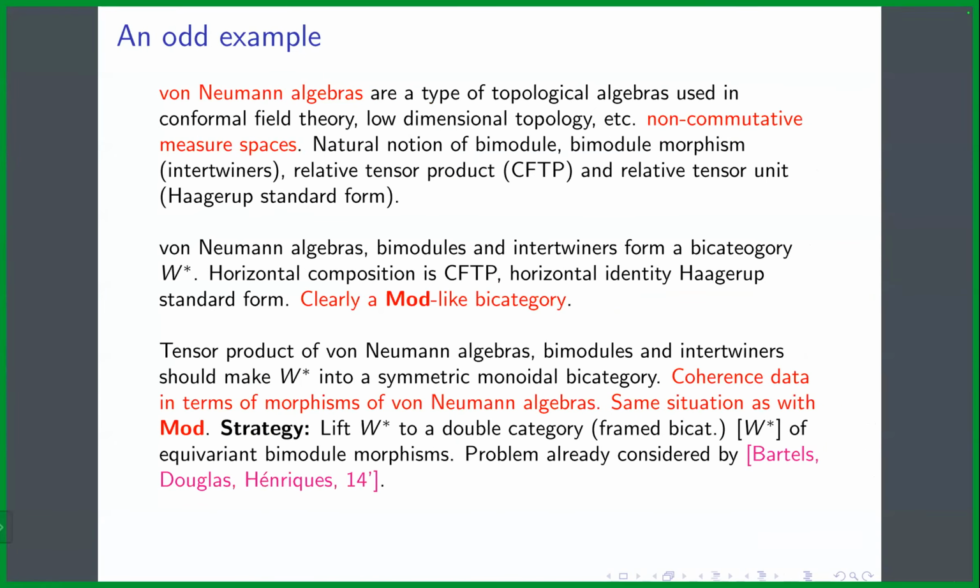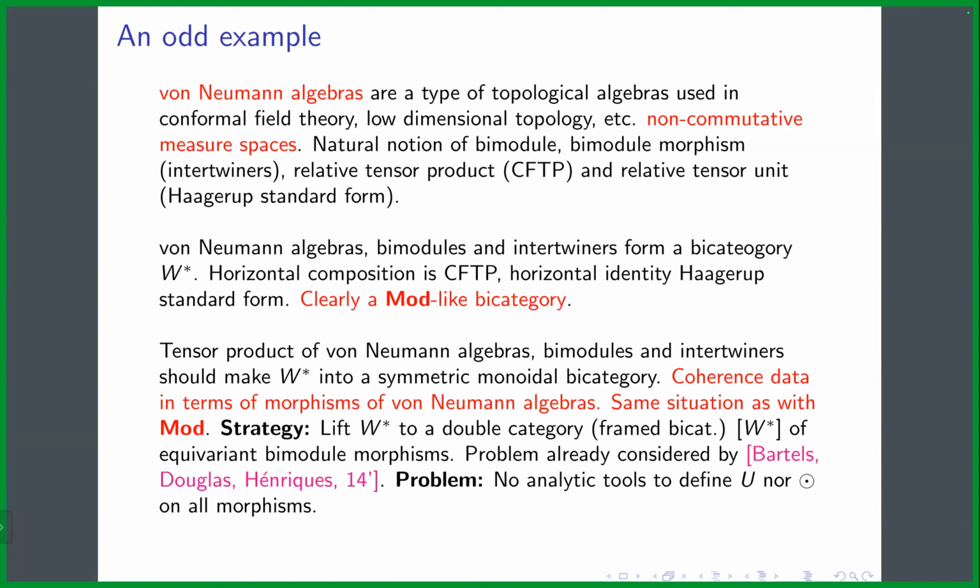This problem has already been considered by Bartels, Douglas, and Henriquez in 2014 in a paper called Index and Dualizability of Factors, I believe. They tried to define a frame bicategory of von Neumann algebras by modules and equivariant intertwiners with respect to general normal morphisms.